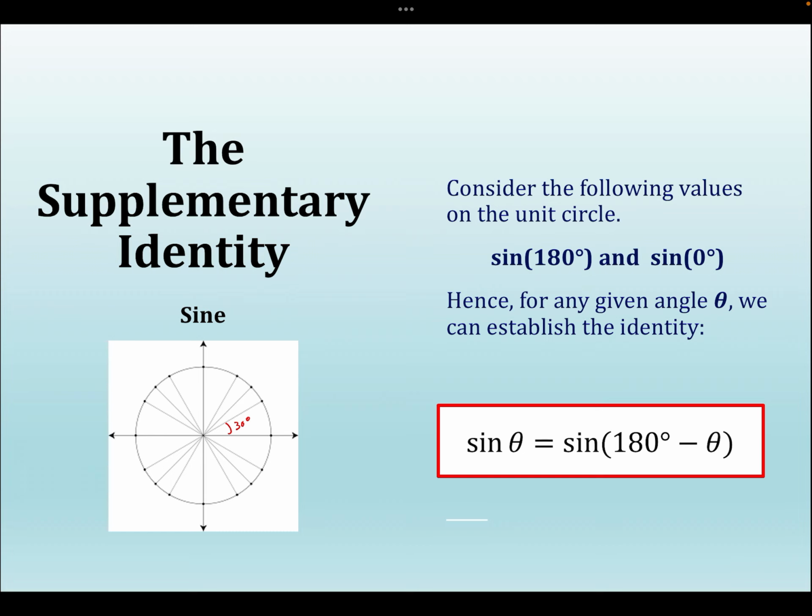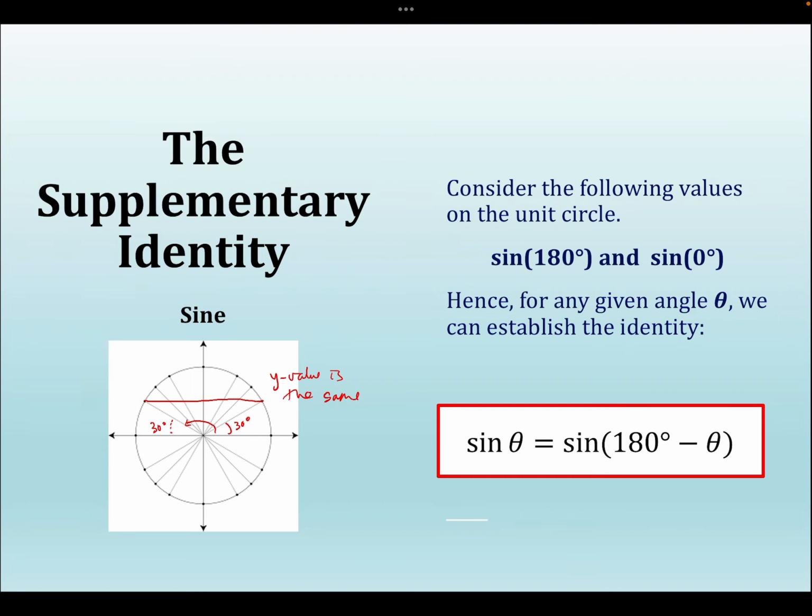Sine of 180 degrees minus theta would be that. Correct? Because that is 30 degrees. So therefore, you can see that if I draw a straight line, the y value is the same.